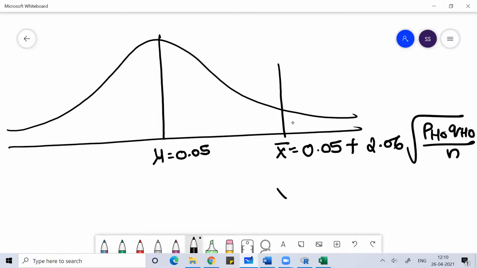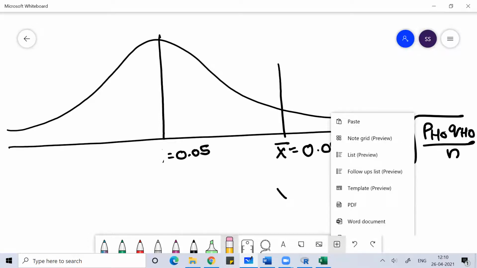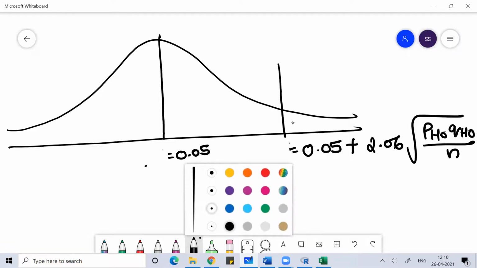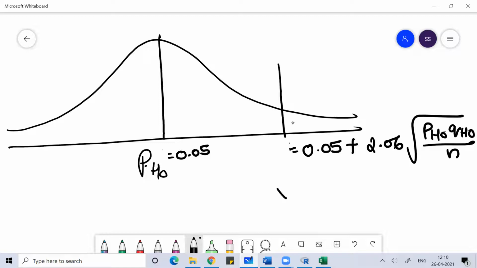Sorry, this is not the mean, it's different. You can use this as PH naught, or use any symbol, something like px or p acceptance.